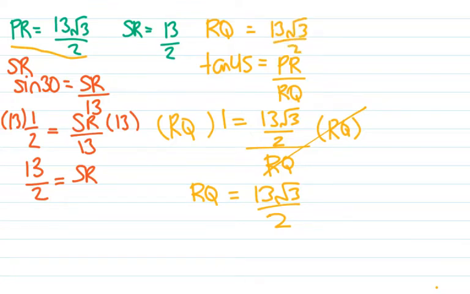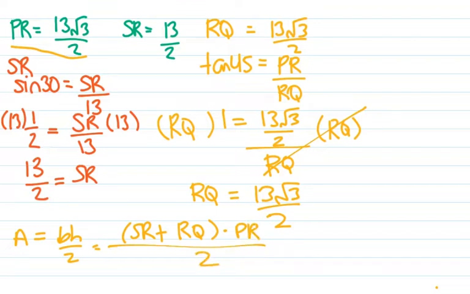So now, using those three calculations, I can find the area. Now, area equals base times height over 2, which we calculated was SR plus RQ times PR, all divided by 2.